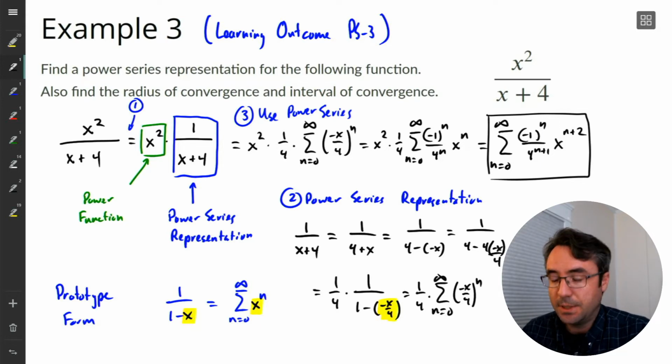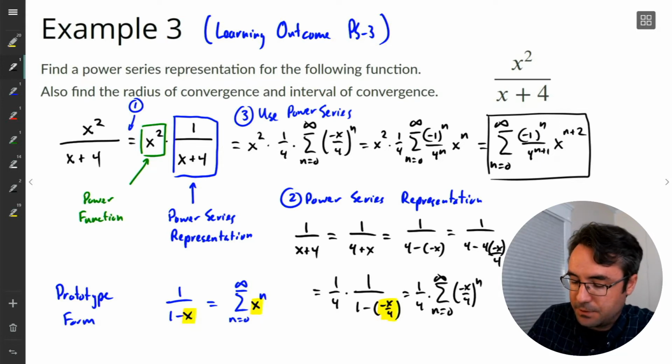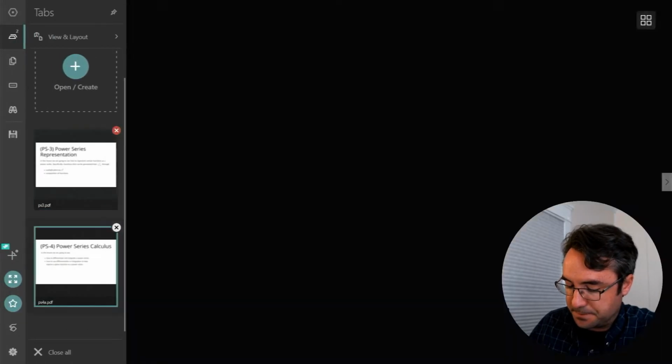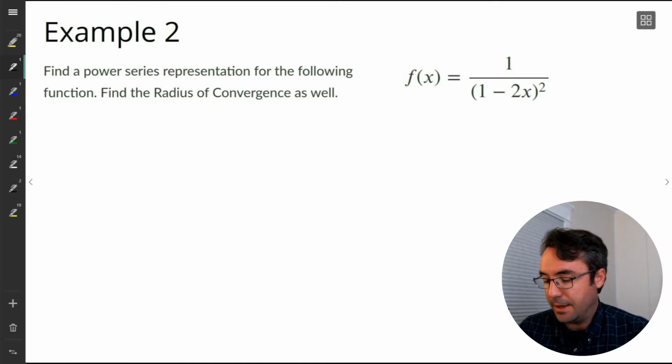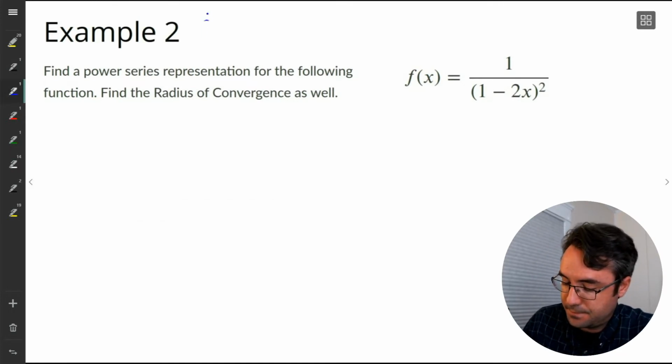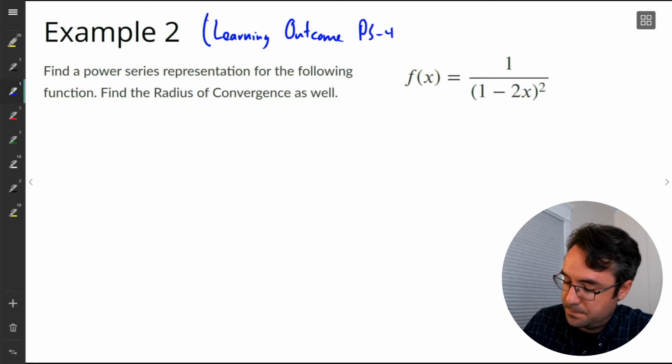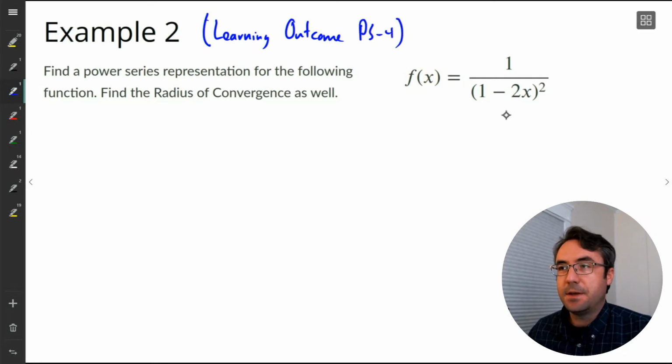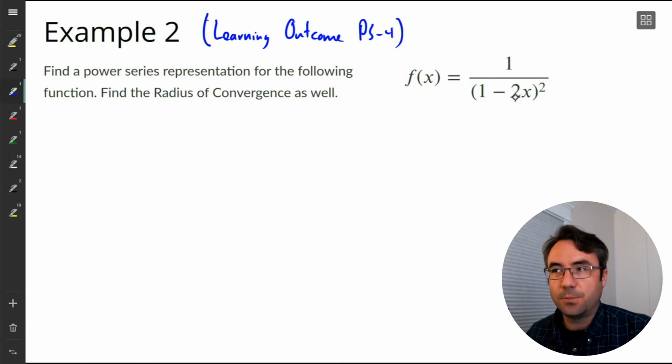So here it goes. All right, so this is an idea that can be extended to more complicated power series representations. So let's now go over to one we looked at in PS-4. We looked at an example there, and this is example 2. And so we had this more complicated function, 1 over 1 minus 2x squared.